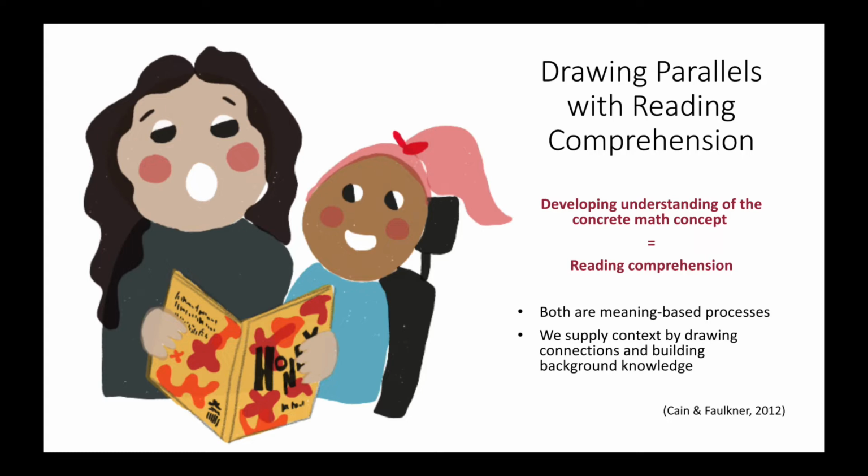So in both situations, we are supplying the context. We are helping students draw connections. We are building background knowledge. We are hyper contextualizing, making connections to their life, helping them see how those words on the page are connected to language and meaning.